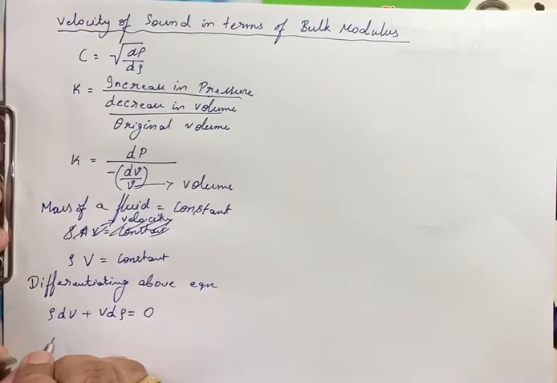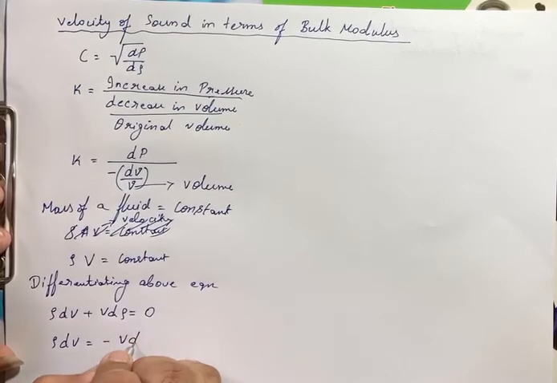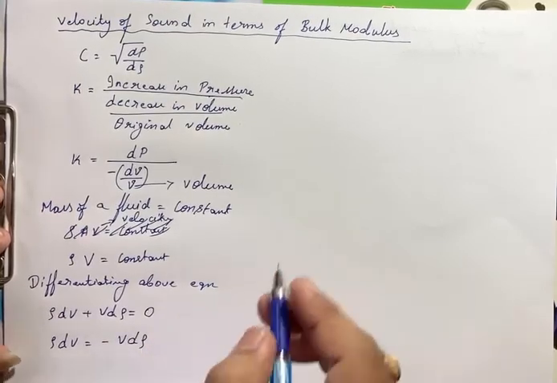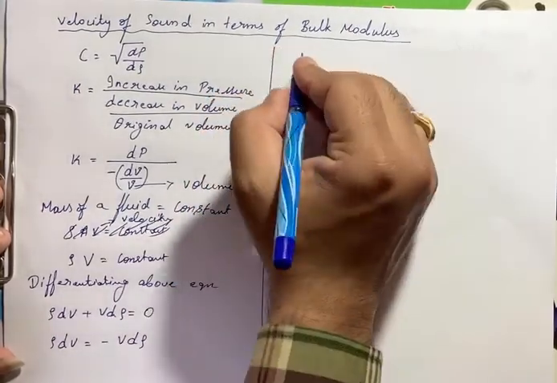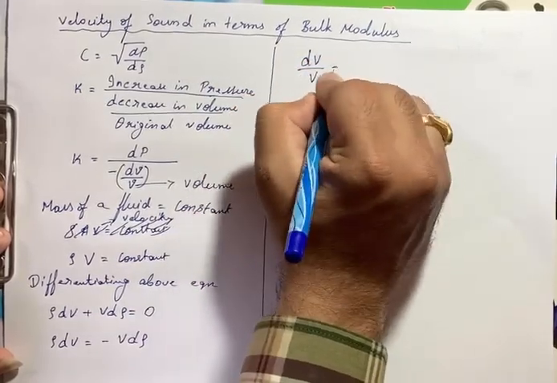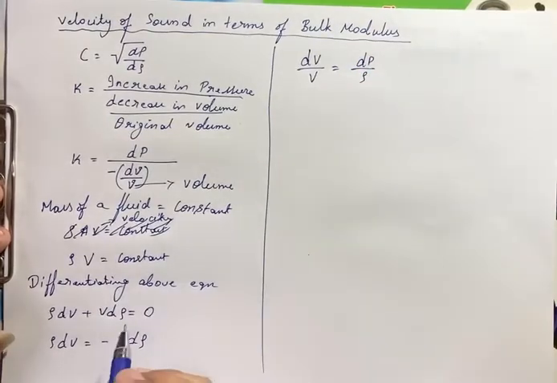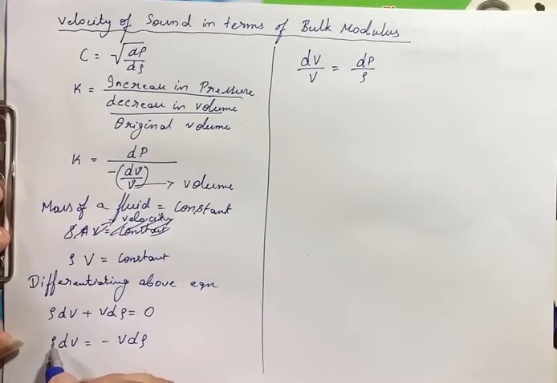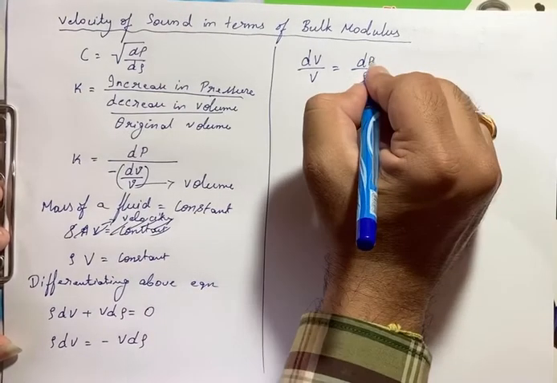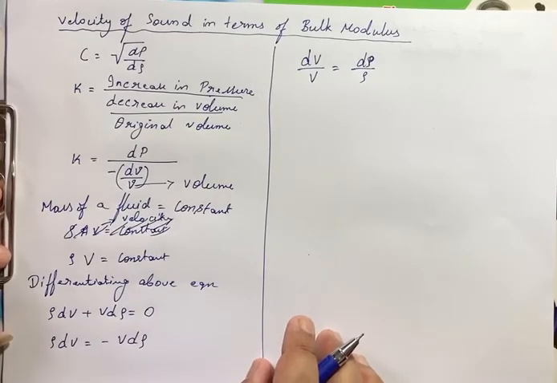Or else I can write rho into dv is equal to minus v into d rho. Or else I can write minus dv by v is equal to d rho by rho. So what I have done, I have taken v in the denominator and rho in the denominator.